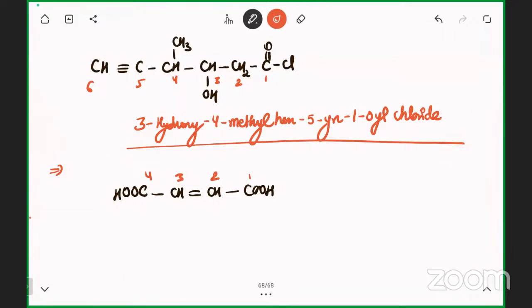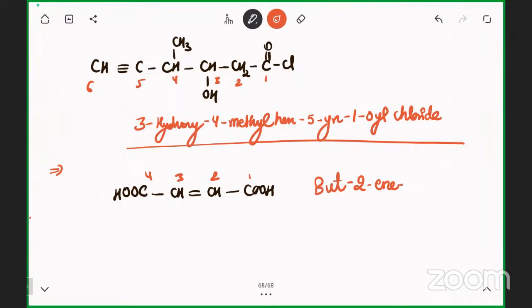Now, for 4 carbon, what do we use? But. On the second position, we have a double bond. For double bond, we use ene, then dash.